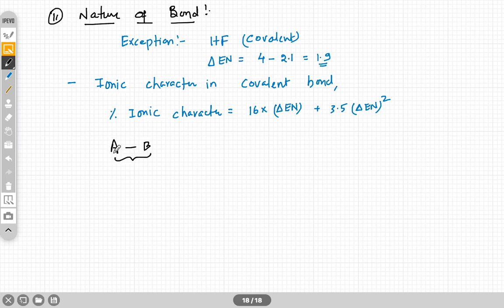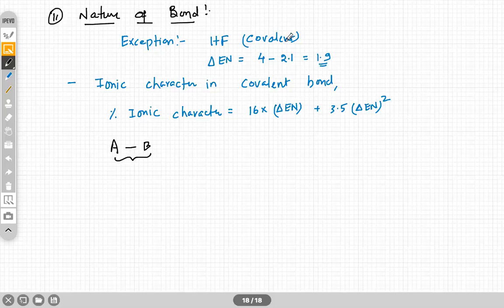So whenever we have a molecule with two different atoms, we must have more or less ionic or covalent character. We cannot say a given molecule with two different atoms is completely ionic or completely covalent.